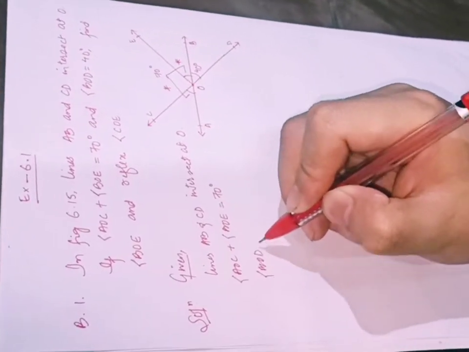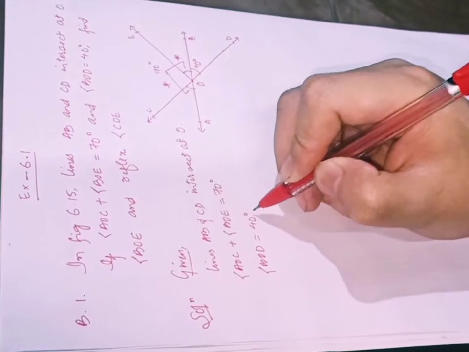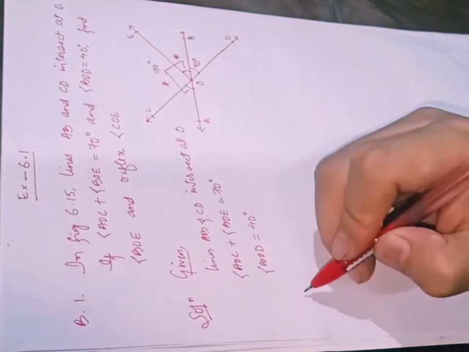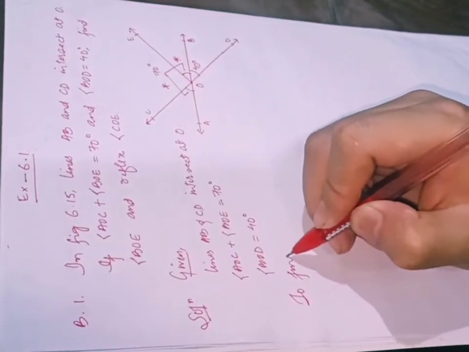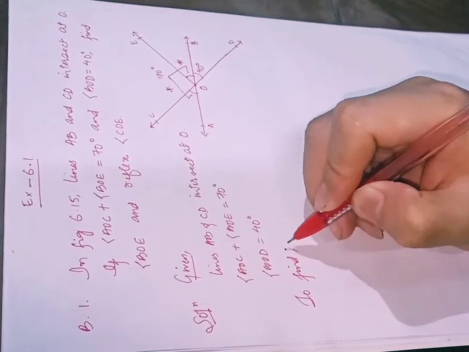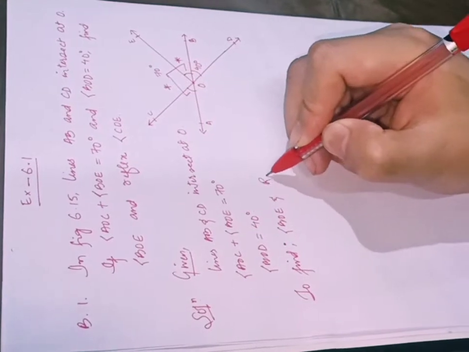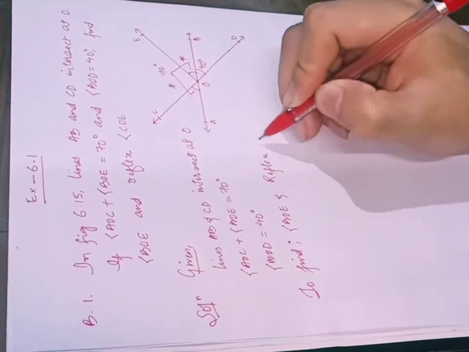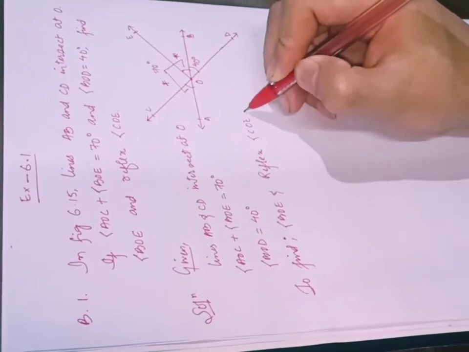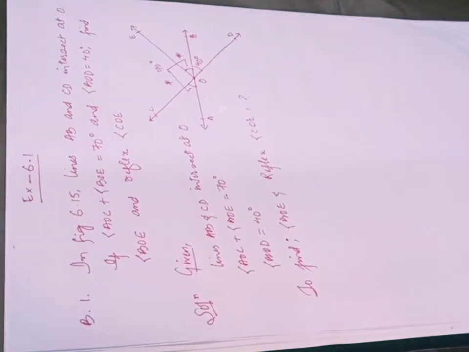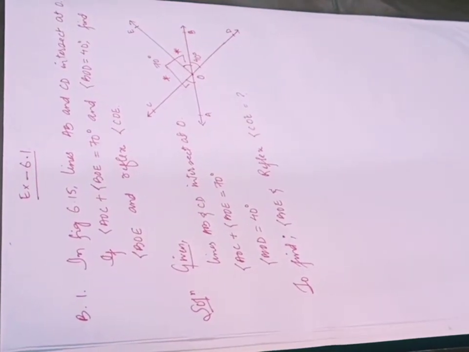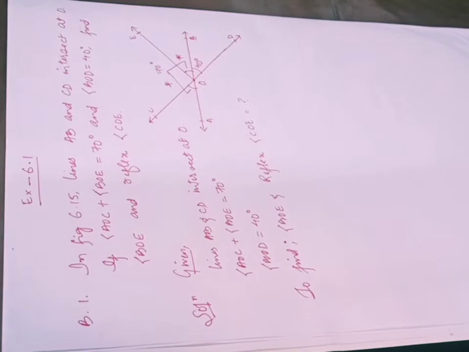Angle BOD is equal to 40 degrees. This is also given. So what do we need to find? To find: angle BOE and reflex angle COE, that is the question mark.